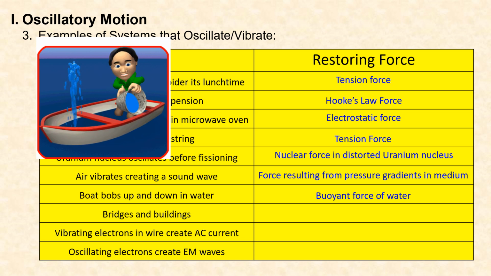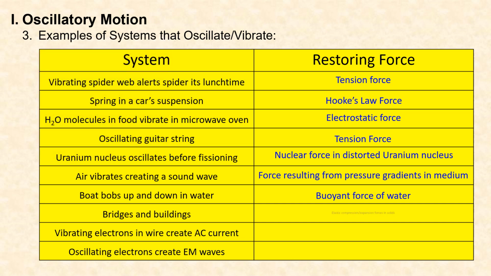So here, as you learned in your last unit, a buoyant force can make this boat bob up and down. If we look at bridges and buildings, the elastic compression or expansion forces in the solids themselves can act as a restoring force, to make the different building components vibrate.